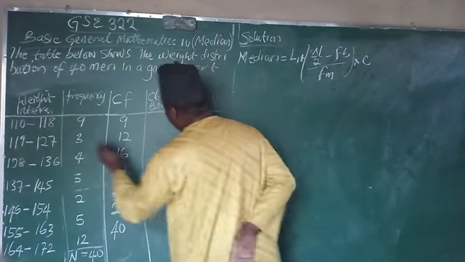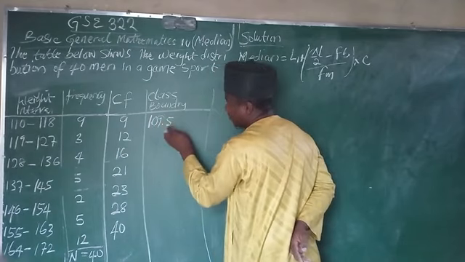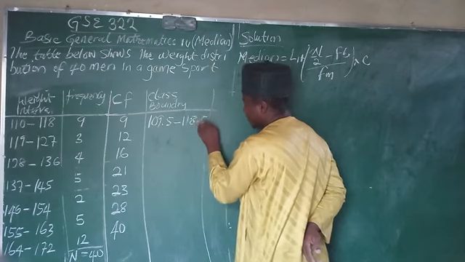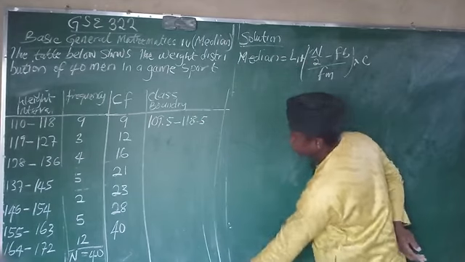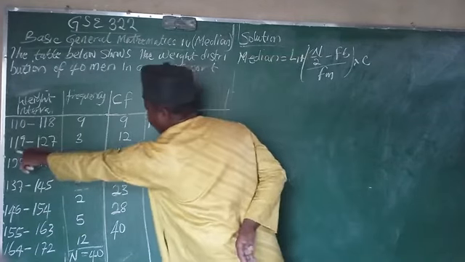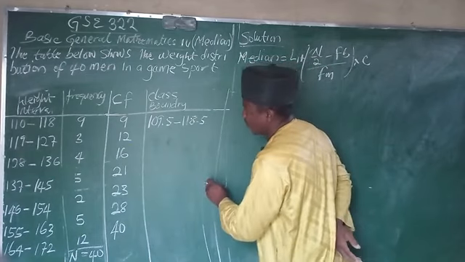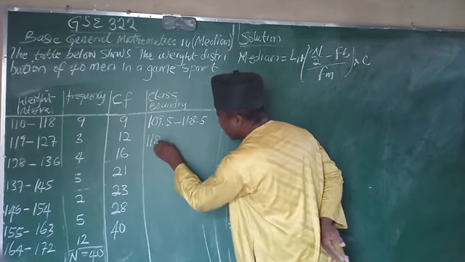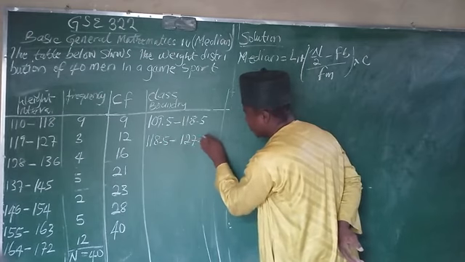Therefore, the first one we have is 109.5 to 118.5. Let's adjust this place so that we have enough space. The next one is 119 to 127, therefore we have 118.5 to 127.5.